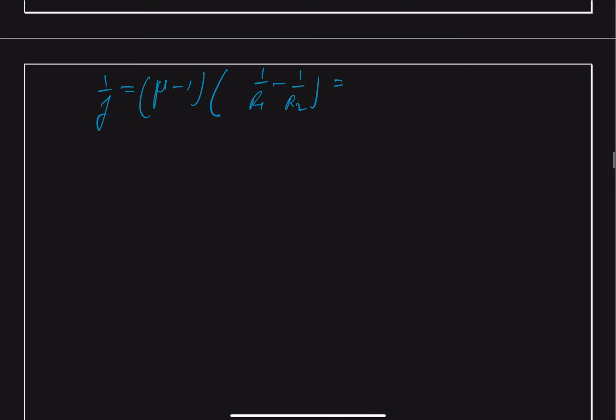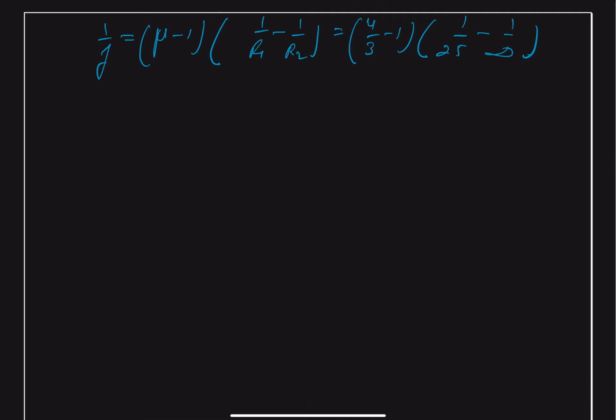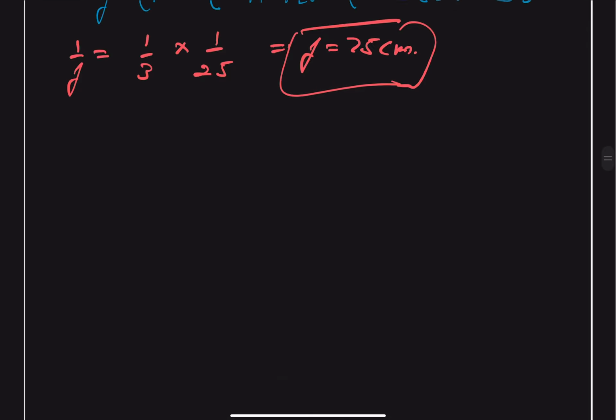We substitute the values, we get 4 by 3 minus 1 times 1 upon 25 minus 1 upon infinity, and this gives us 1 upon f will be equal to 1 upon 3 multiplied by 1 upon 25, that is our focal length will be equal to 75 centimeters. So this is the focal length which we are supposed to find out.